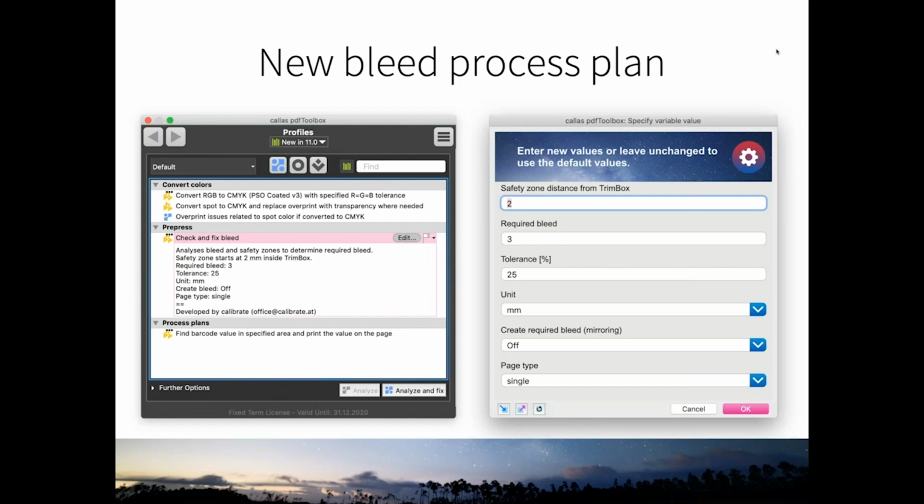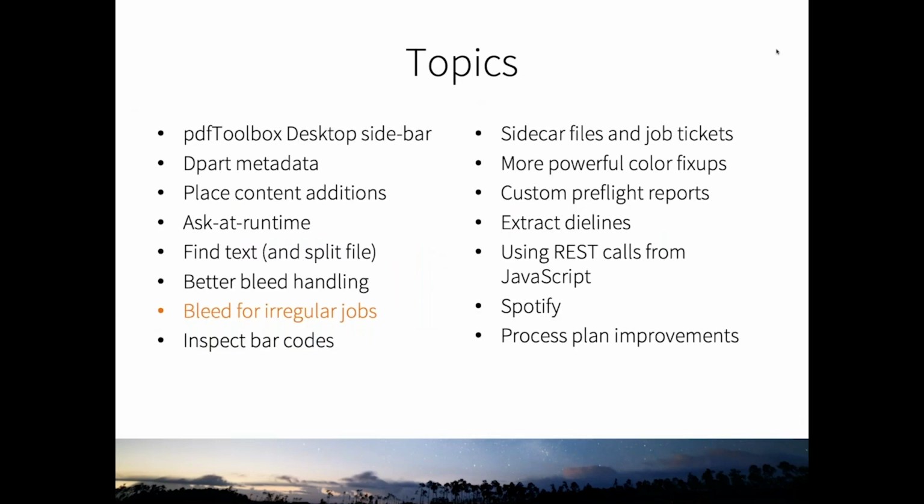It will analyze the document, and based on the options that you provide, on the values that you can type in on this dialog window on the right-hand side that will pop up, it will then create bleed for these sides of the page where it's necessary and with the amounts that you specify there. So this is a predefined process plan that you can find in the new in version 11 library in pdfToolbox 11.